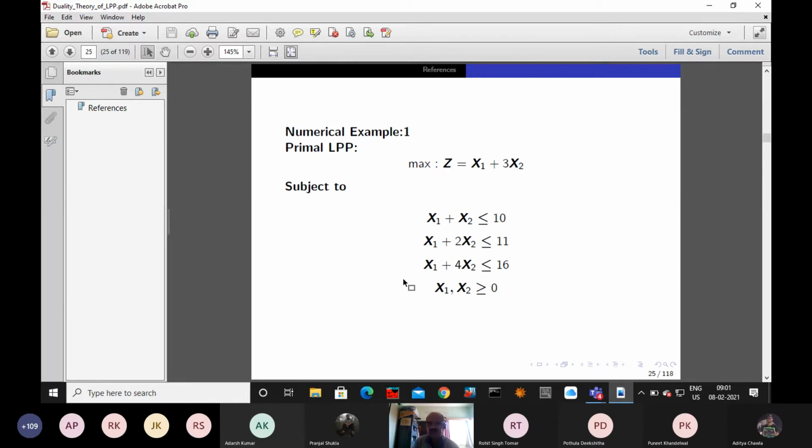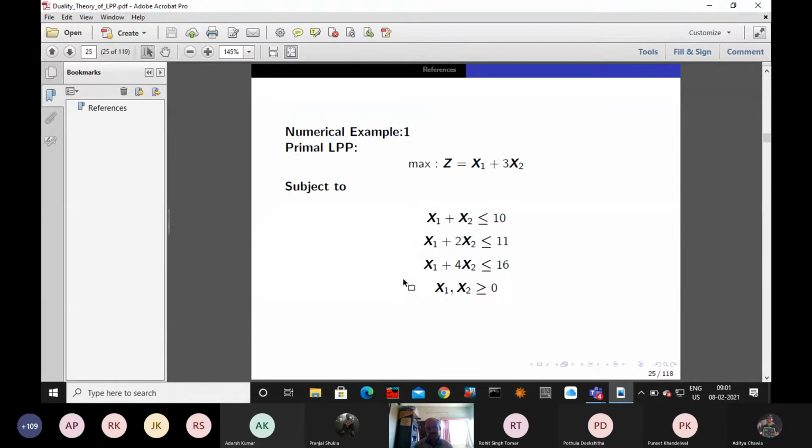So this maximization, whatever is given, this is our primal objective function. And we have some primal constraints and two primal variables. With respect to this problem, we have a dual objective function, dual variables, dual constants. So how many dual variables must be there with respect to the primal problem?